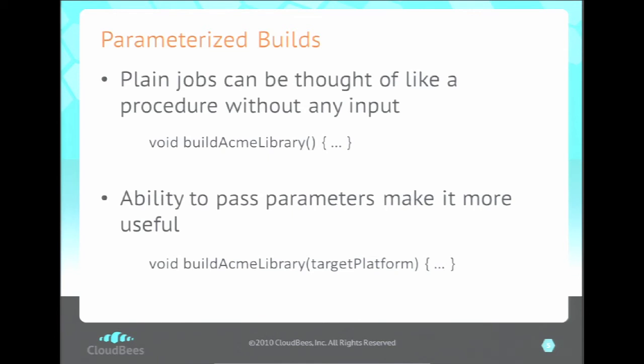So let's start with something simple in terms of the building blocks. There are a number of building blocks available in Jenkins and its plugins that help you with this. The first easy one, I think, is parameterized builds. If you've already used Jenkins, you already know that when you configure a job, you're basically telling Jenkins what to do.